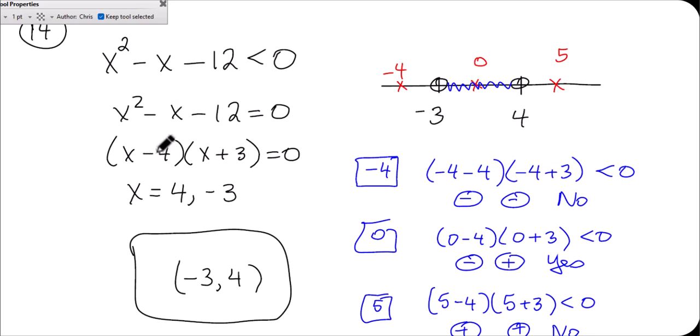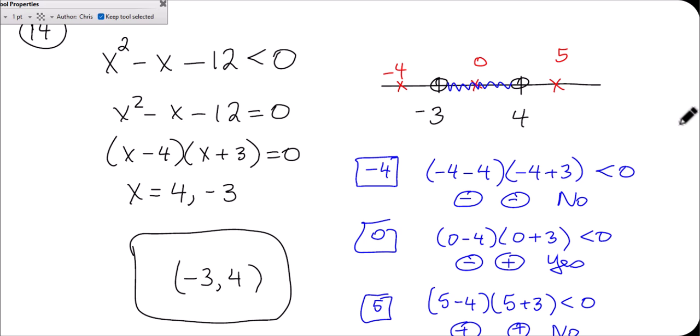And so x minus 4 equals 0. You get 4. x plus 3 equals 0. You get minus 3. So you plot them on a number line. They both get open dots because of the inequality. And we'll finish the problem by picking one test number from each region and trying it out.